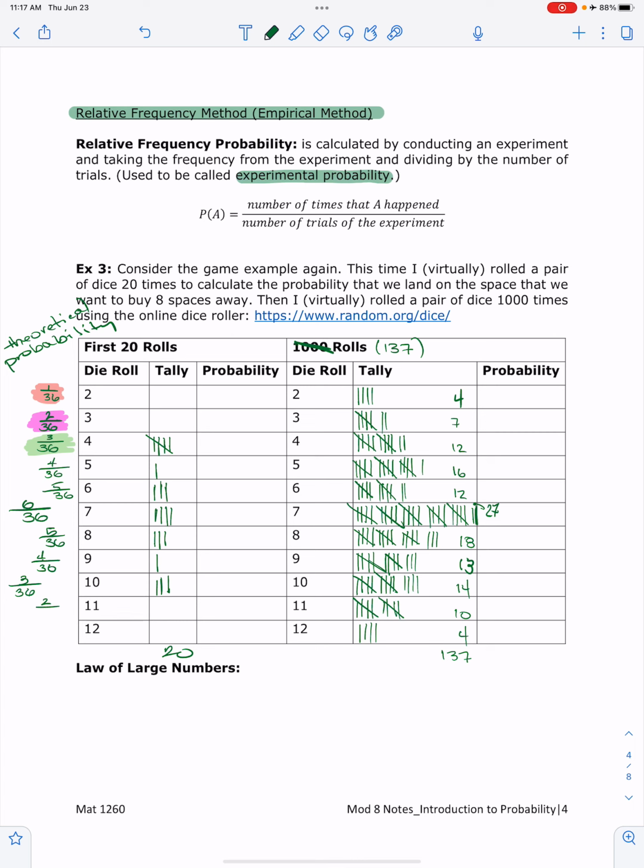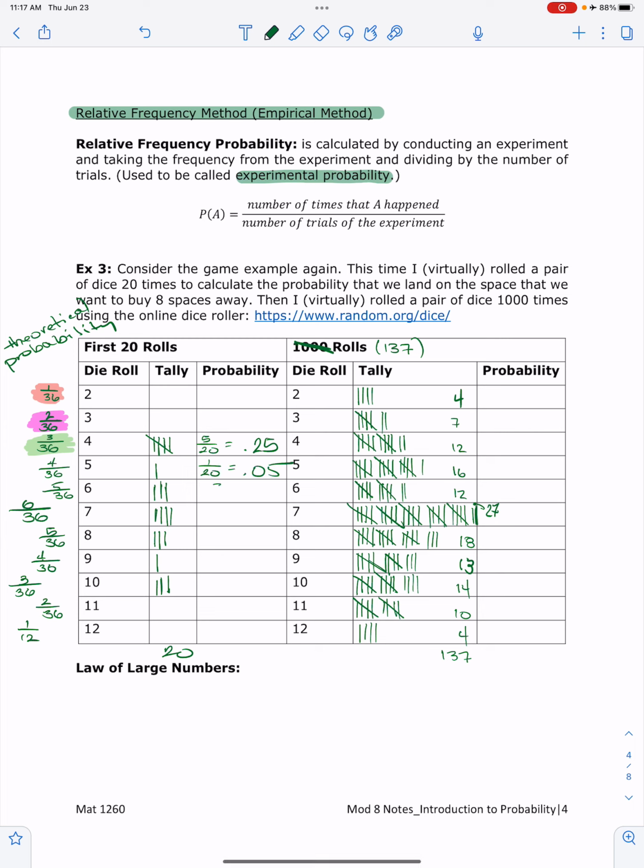I am not going to convert these to decimals because I don't want to make this video really long, but you can double check those and see how our probabilities hold up here. So in my first 20 rolls, I rolled a 4 5 times. So 5 out of 20, that gives me a probability of 25%. I rolled a 5 1 time.